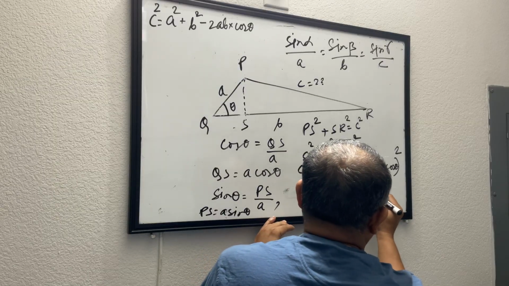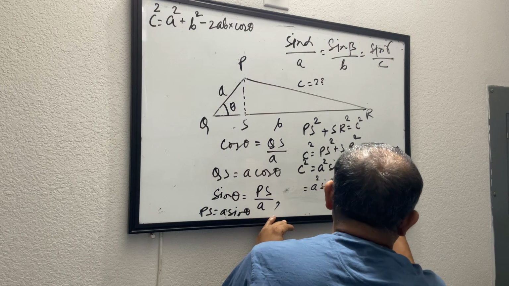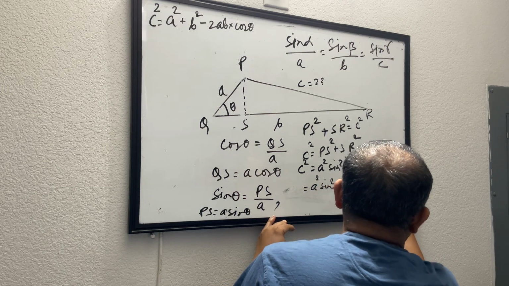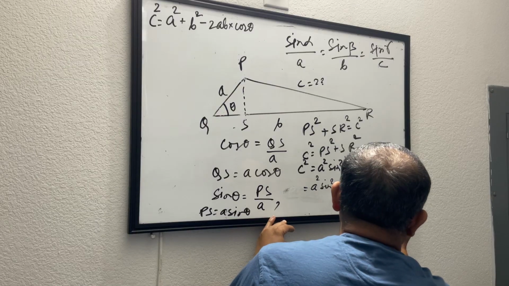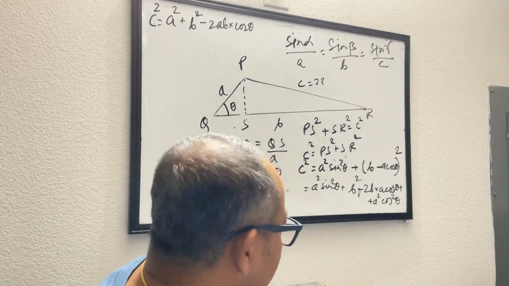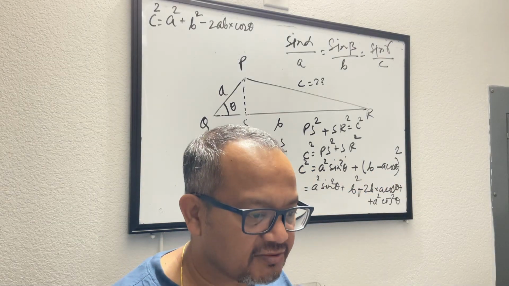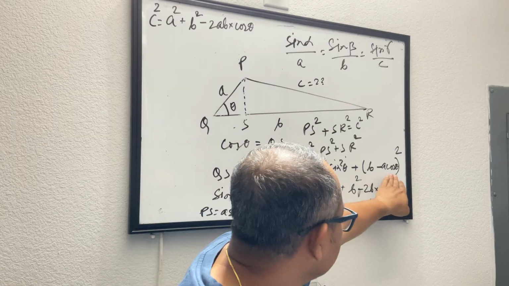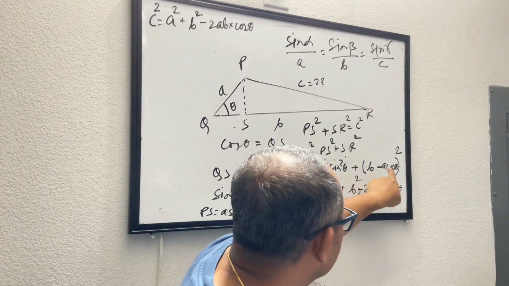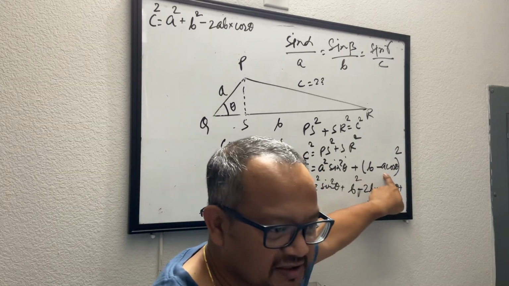That is B square minus 2 times B into A cos theta plus the square of this, which is A square cos square theta. We are using the algebraic identity (a minus b) whole square equals a square minus 2ab plus b square. So (B minus A cos theta) whole square is B square minus 2AB cos theta plus A square cos square theta.